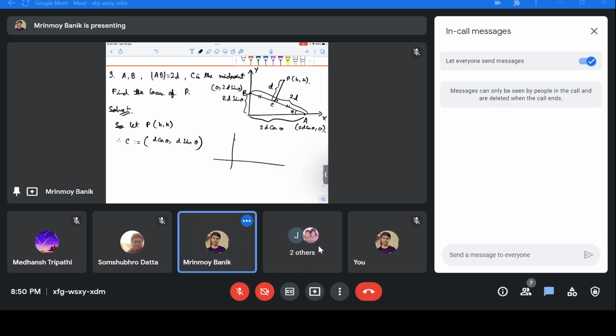We have to find the normal vector of this line. So what is the vector along this line? The vector along this line is the positional vector of B minus the positional vector of A. This is AB.